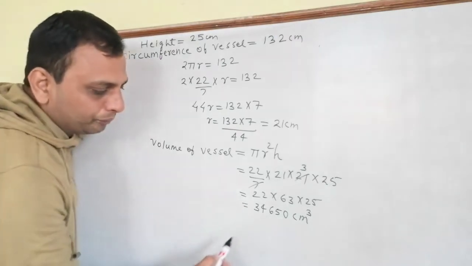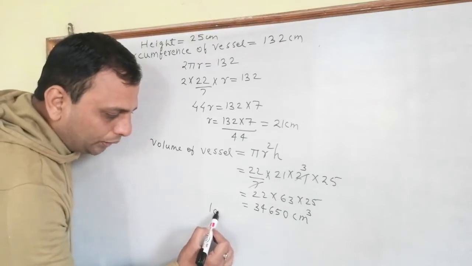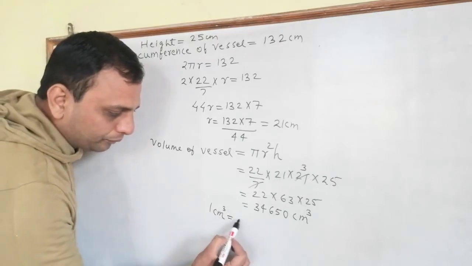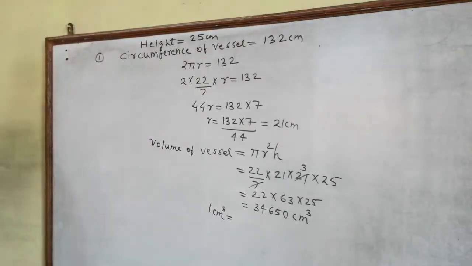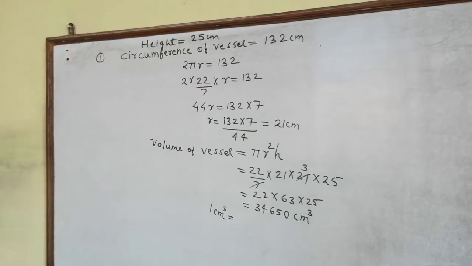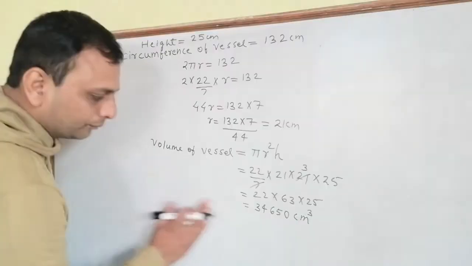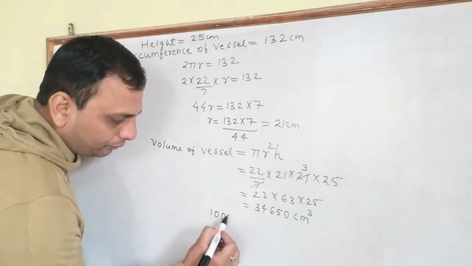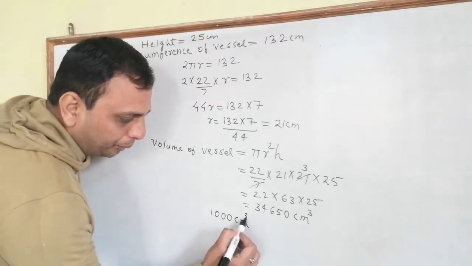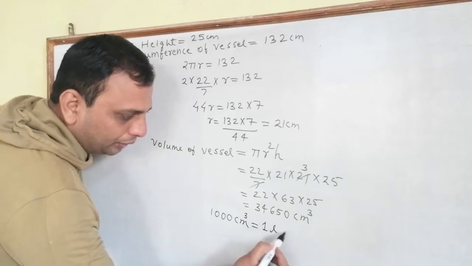Now it is asking to convert this into liters. You have to remember this relation, which is also mentioned in the question: 1000 centimeter cube is equal to 1 liter. So to convert into liters, we have to divide by 1000. So 34,650 divided by 1000 is 34.650 liter, because 1000 centimeter cube is equal to 1 liter.